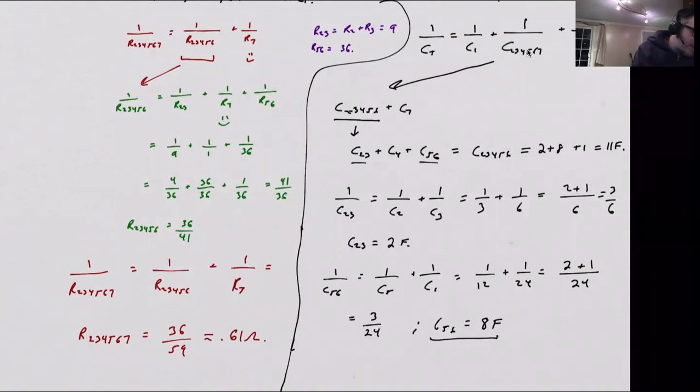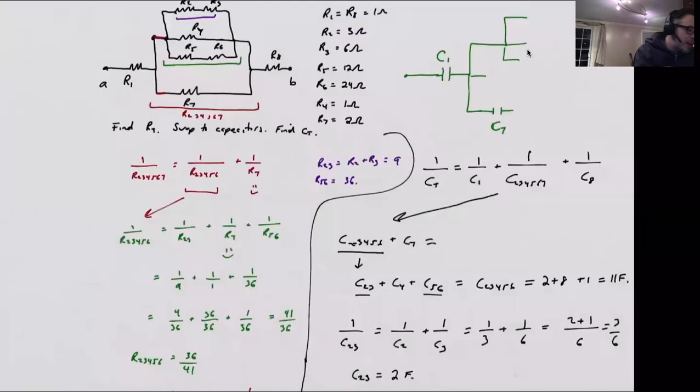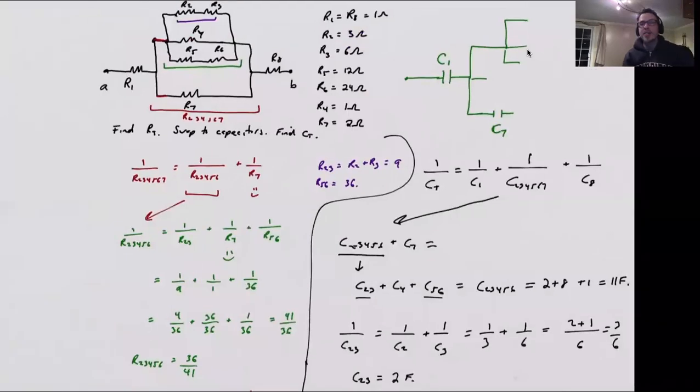Therefore, if we have C2, 3, 4, 5, 6, we can now use that to get C2, 3, 4, 5, 6, 7, because the mess up top is in series with C7. So this is then 11 plus C7, which is 2, which is thus 13.